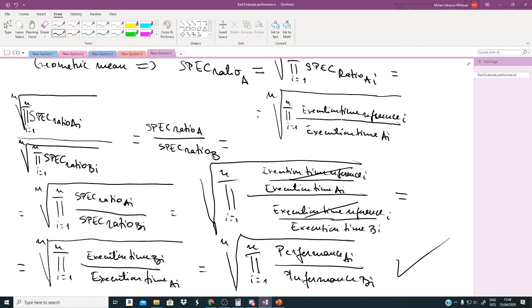If you make this ratio of the SPEC ratio of machine A divided by the SPEC ratio of machine B, it gives you the geometric mean of the individual performance ratios for all programs, from program i being 0 to program i being 28. So that's the idea for today, and we end our discussion today.